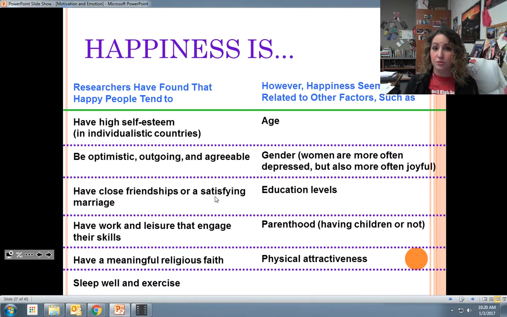But things that do affect your happiness are: are you sleeping well? Are you exercising? Having a meaningful faith, having work that engages skills that you're good at, having close friendships and a satisfying marriage, having high self-esteem, being optimistic, and so forth and so on.